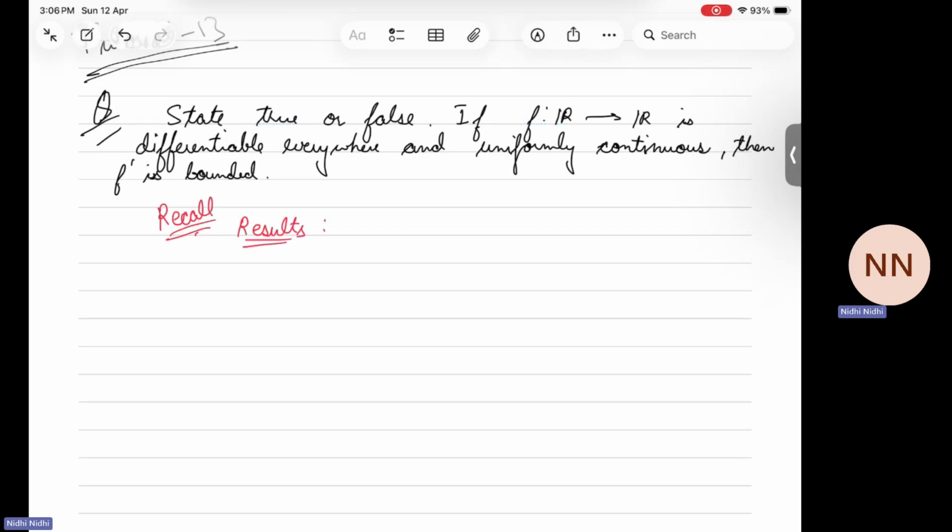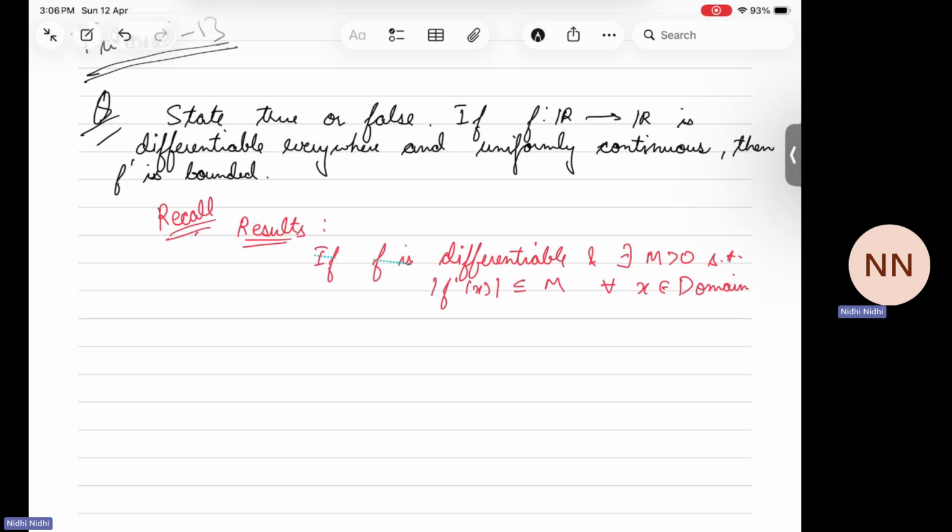There we had discussed this result that if f is differentiable and there exists some m positive such that mod f dash x is less than or equal to m for every x belonging to our domain, whatever the domain is, then f is uniformly continuous. It says that if a function is differentiable and the derivative is bounded, hence the function is uniformly continuous.